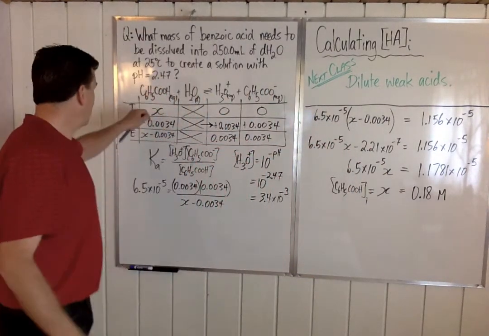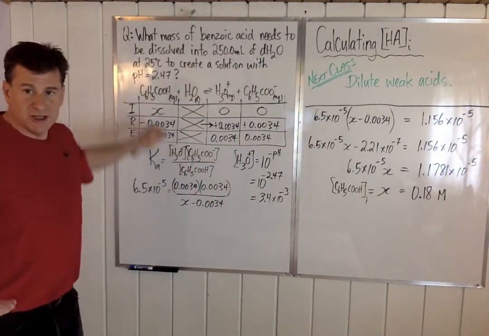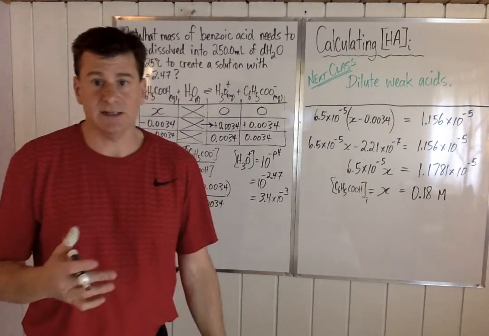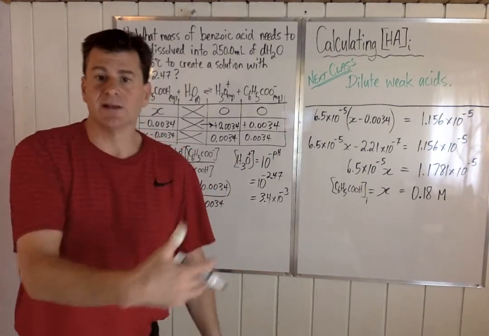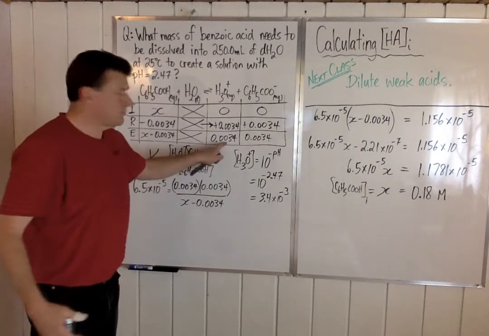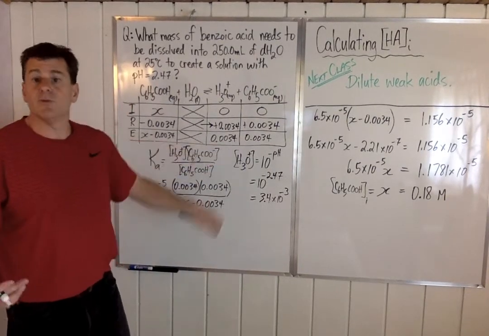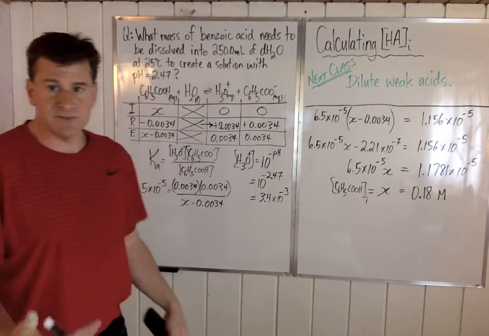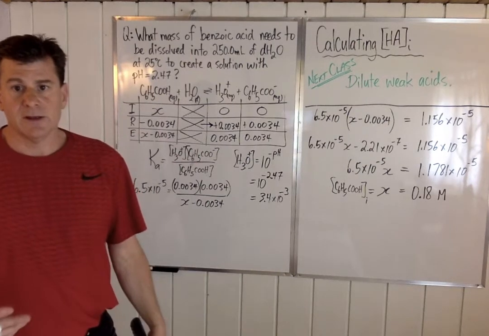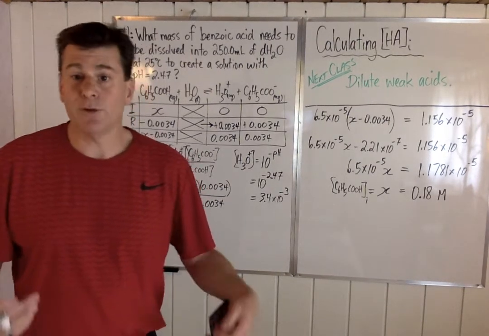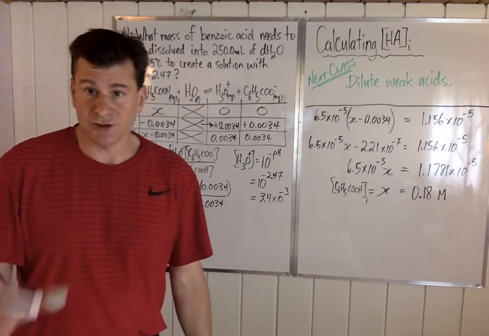So this number right here, that initial concentration, needed to be 0.18 in order for that solution to produce 0.0034 hydronium, which when you negative log it came out to a pH of 2.47. That's the concentration. That's not what the question asked me, but that's the concentration.